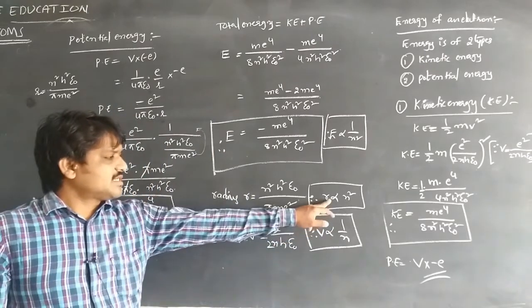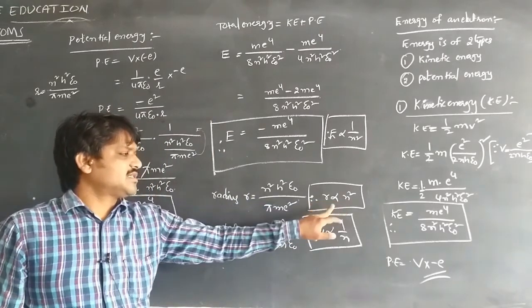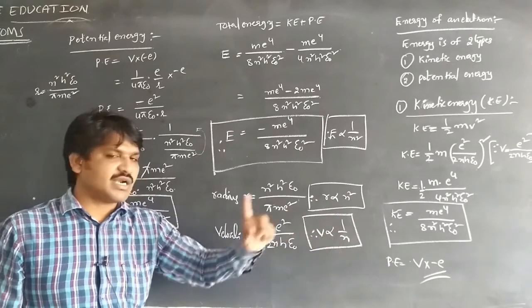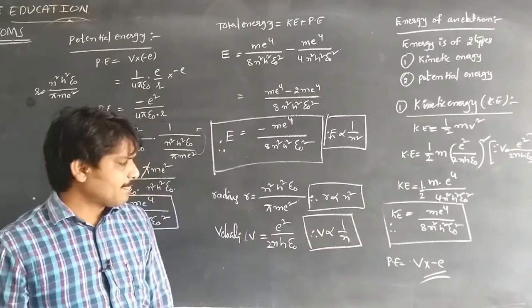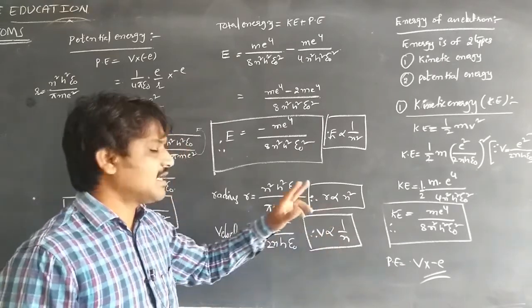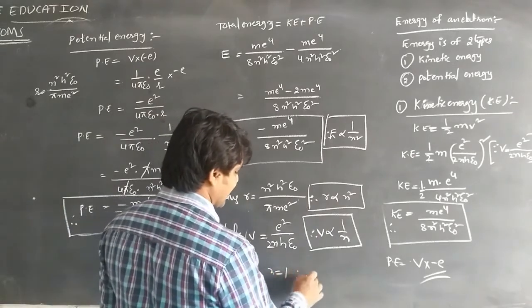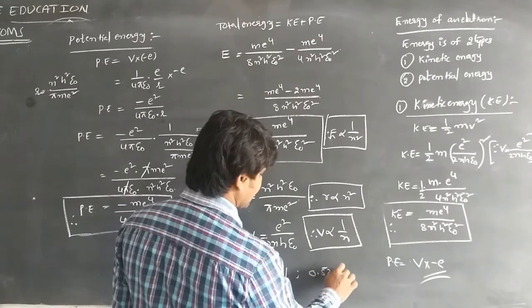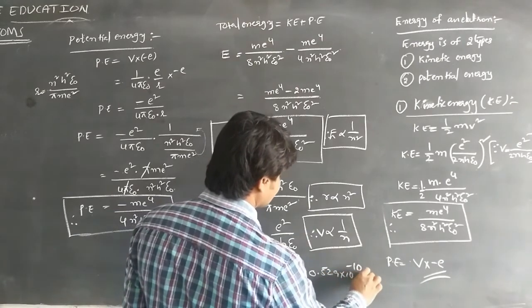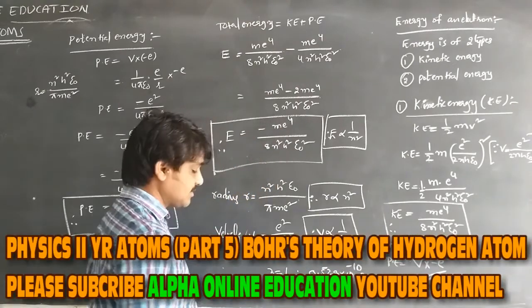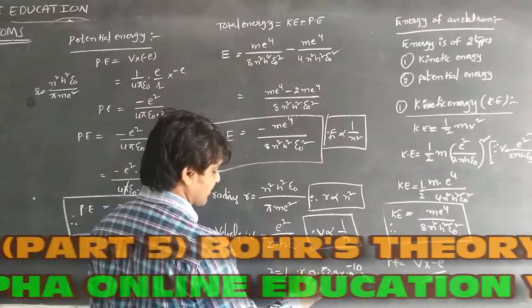So if the value of n is less, the radius is also less. Already we calculated that for the least value, n equal to 1, the radius is 0.529 into 10 to the power of minus 10 meters, that is the radius of the first orbit.